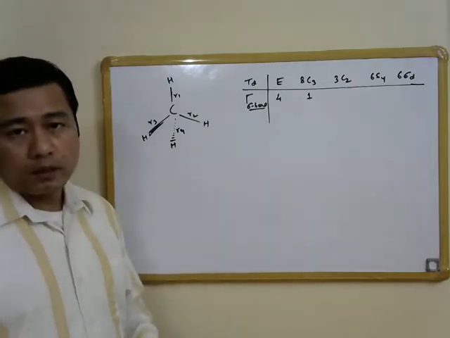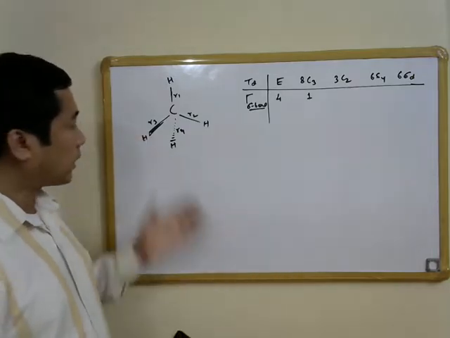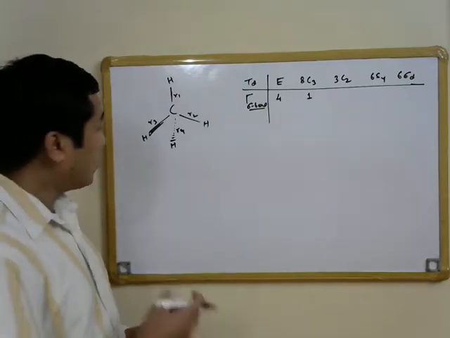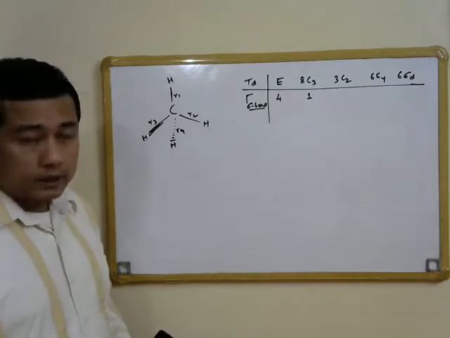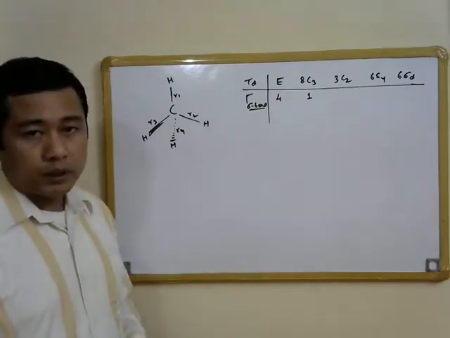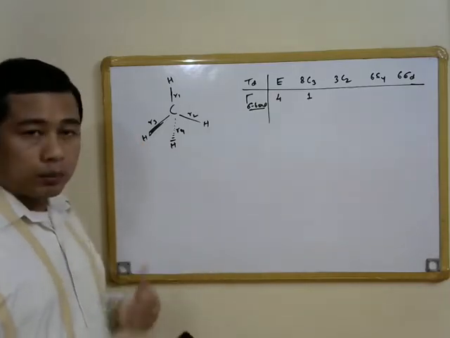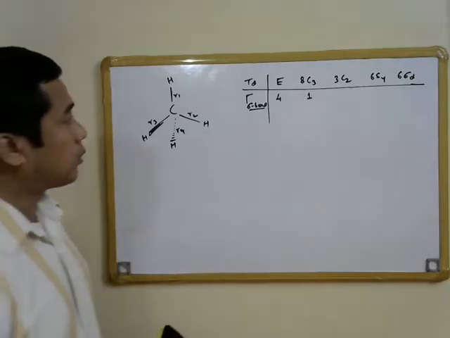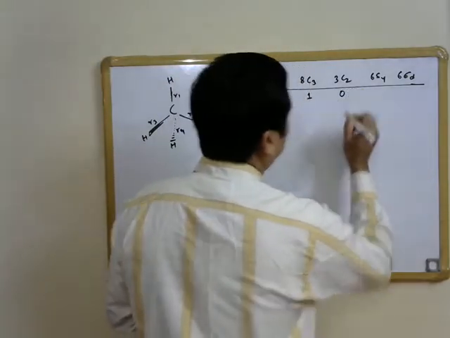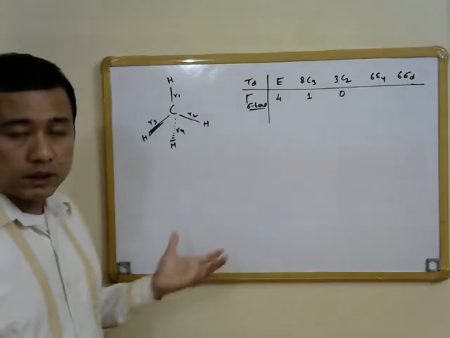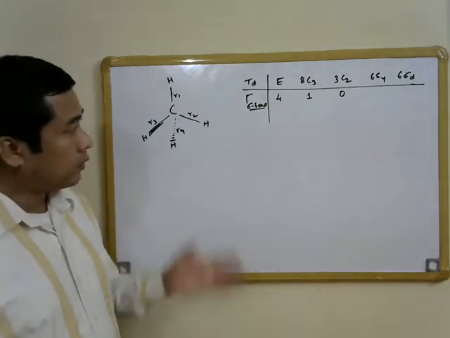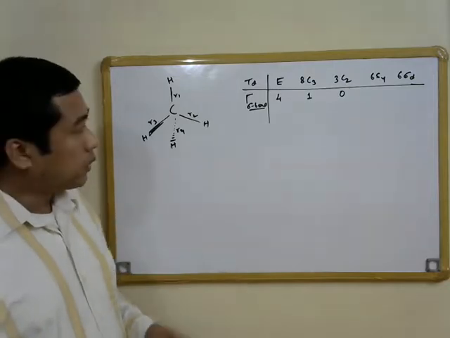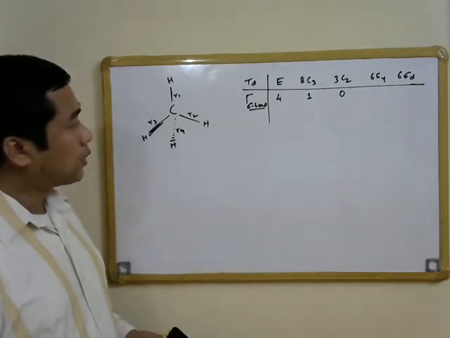So none of the CH bonds passes through the C2 axis, and when we do C2 operation all the bonds change position, so the character of C2 operation is equal to 0.